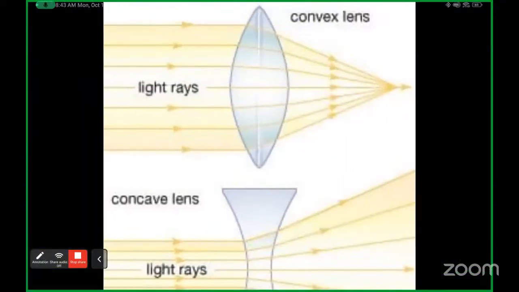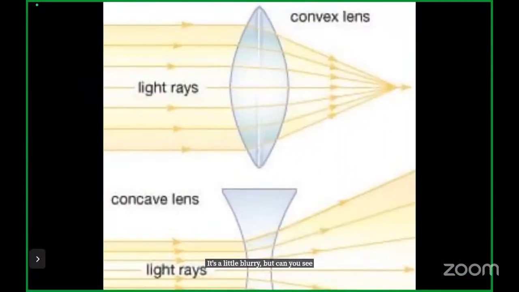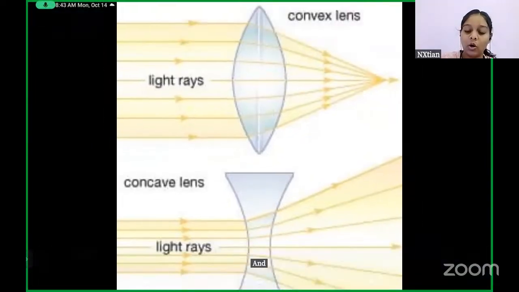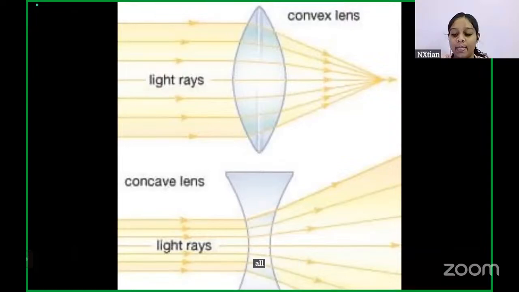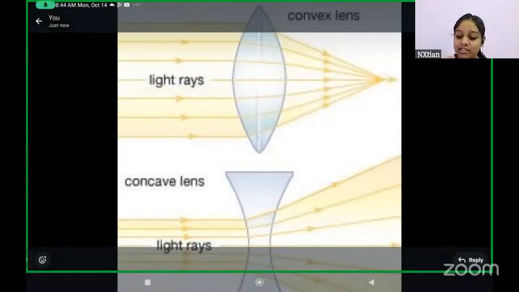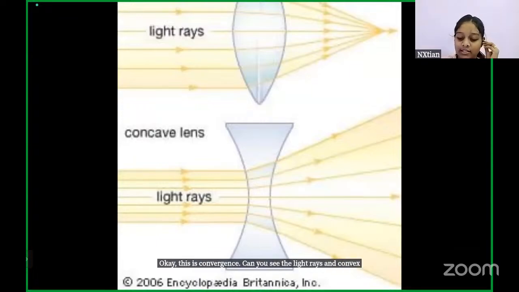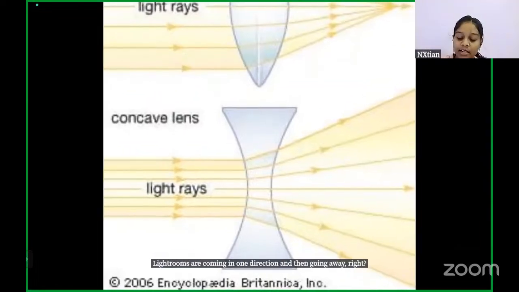It's a little blurry, but can you see the convex lens and the light rays that are all coming and then merging at one point? This is convergence. Can you see the light rays in the concave lens? Light rays are coming in one direction and then going away, like diverging.